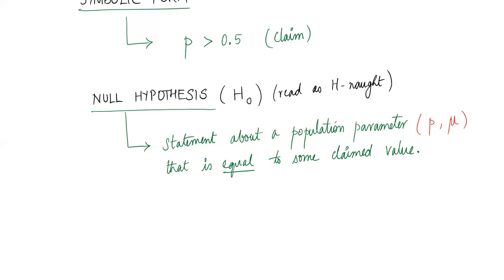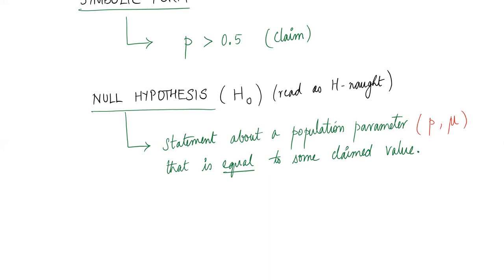And if you think about this, you either want to reject the claim or fail to reject the claim. I shouldn't say accept. We can't accept it fully because we can never be 100% confident and say, yes, this claim is perfect.